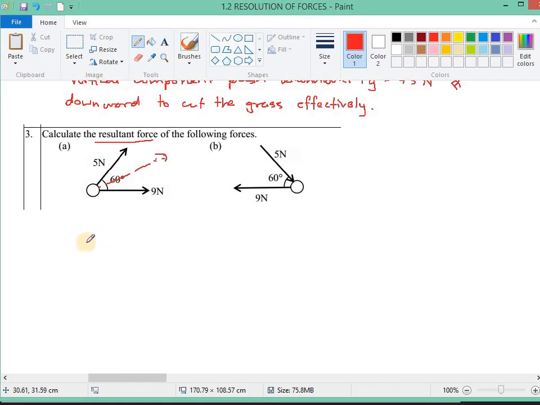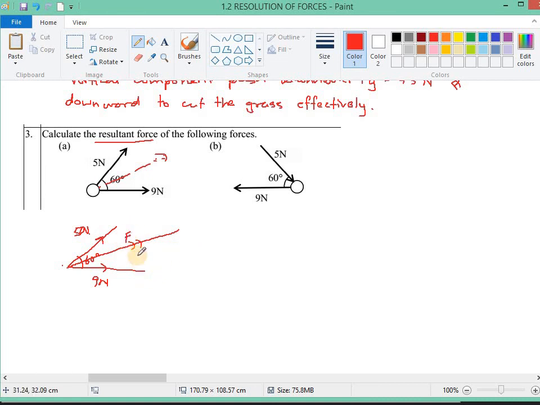The way that we can find the resultant force is using the concept of parallelogram, same like just now. We use the length of the line to represent the magnitude of the force. So we have 9 Newton, here we have 5 Newton, this angle is 60 degrees, and the resultant force is somewhere in between here.